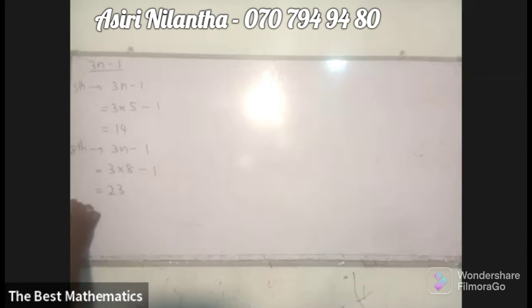For the 12th, 3n minus 1, 3 times 12 minus 1. 3 times 12 is 36, minus 1 is 35.